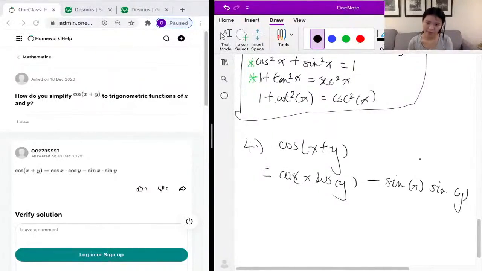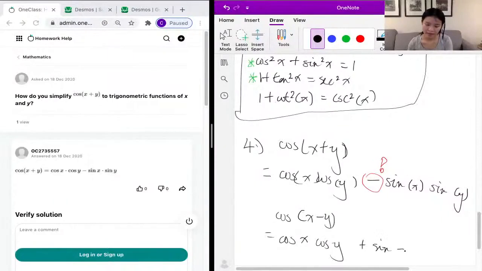Again, while you're memorizing the sum and difference identities, you really need to pay attention to the signs, because the signs are weird. For cos(x - y), we have cos x cos y plus sin x sin y.